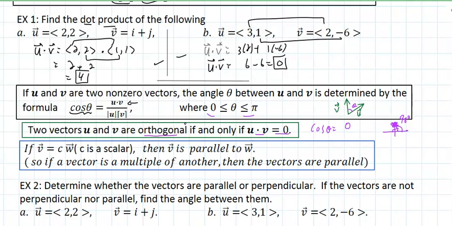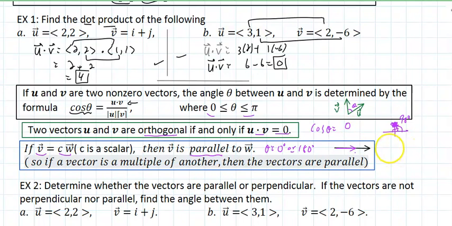And if you take a vector and you figure out that one vector is a multiple of the other, then that indicates that the two vectors are parallel. Or if you find theta to be 0 degrees or 180 degrees, but that's a lot of work. So, if you have a vector and a second vector running in the same direction, that's a definition of parallel.